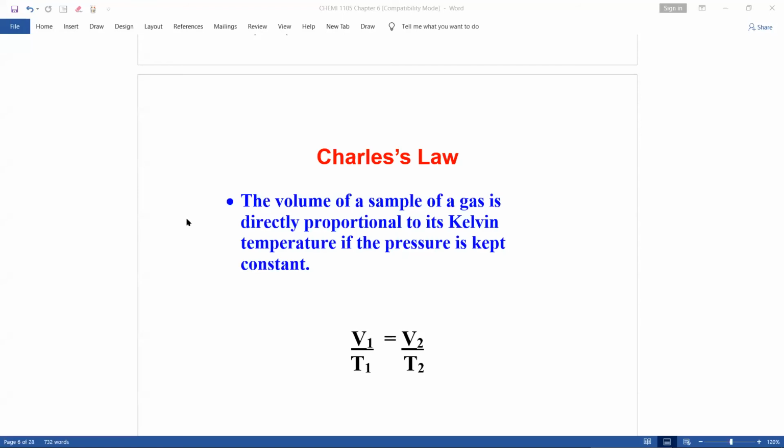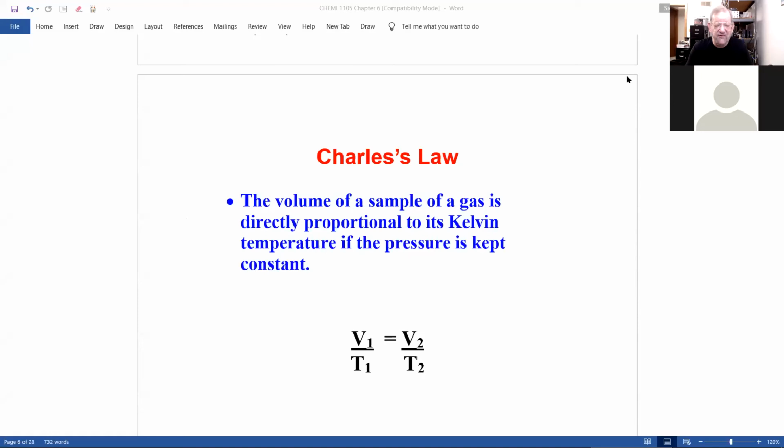And let's just quickly look at Charles' law. Another English chemist, this is another gas law. The volume of a sample of a gas is directly proportional to its Kelvin temperature if the pressure is kept constant.